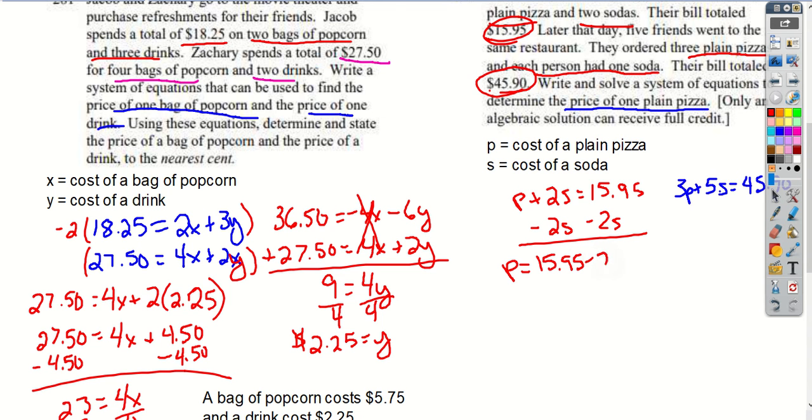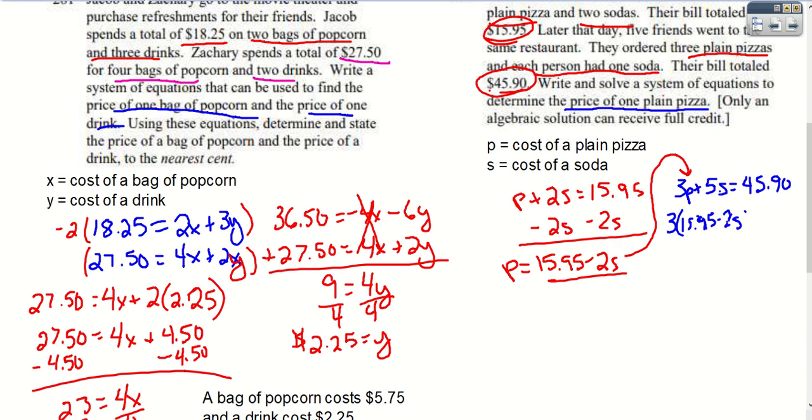15.95 minus 2s. And then I'm going to plug this in for P in the other equation. Okay, so we're going to get 3 parentheses 15.95 minus 2s plus 5s. And you know what? I'm just going to move that down. I need some more room here, guys.